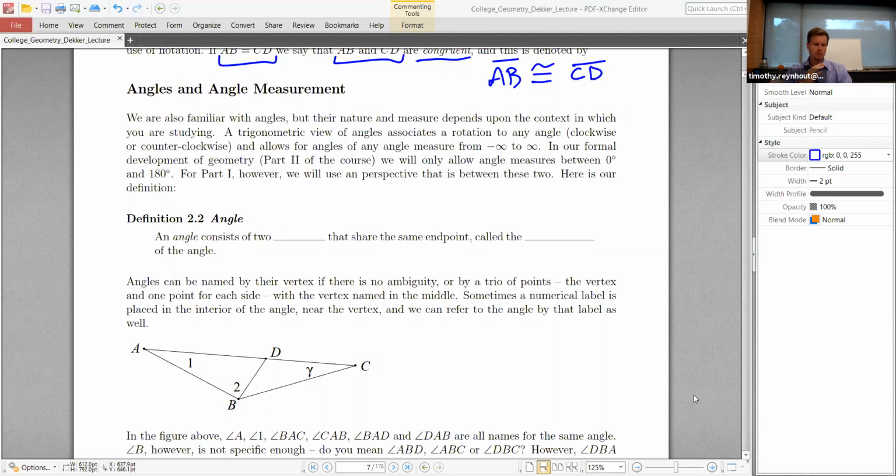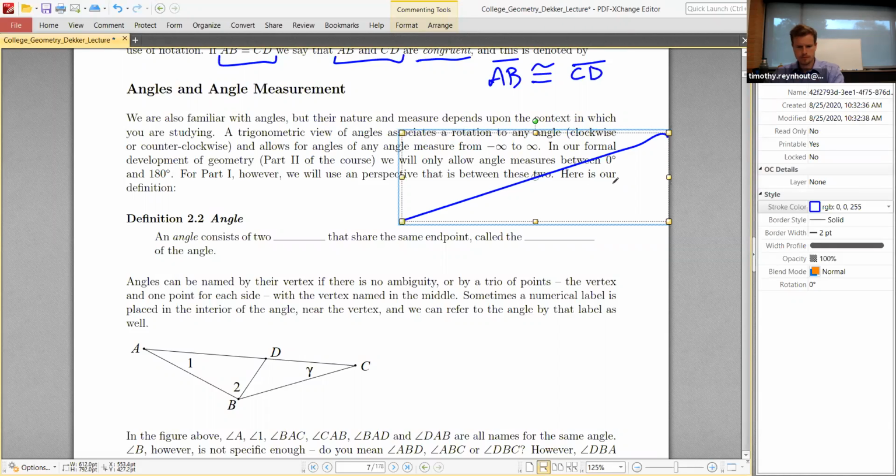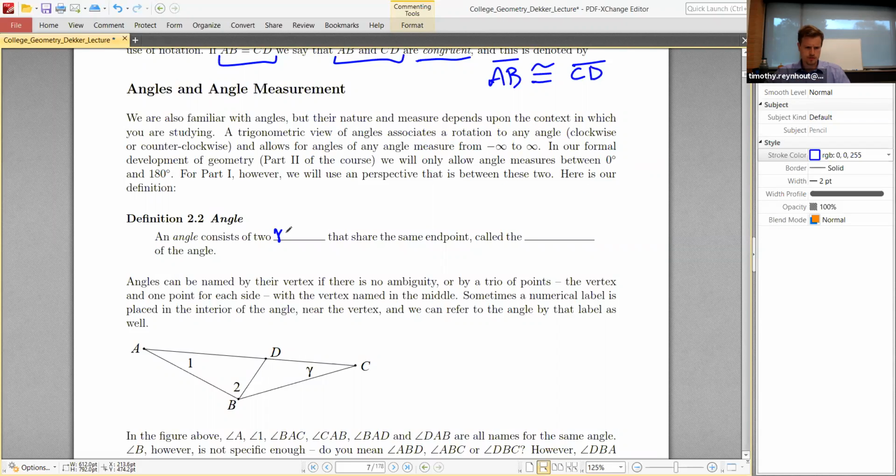So what is an angle? An angle consists of two rays, we're going to say. Again, you could use lines or line segments, that's fine as well.